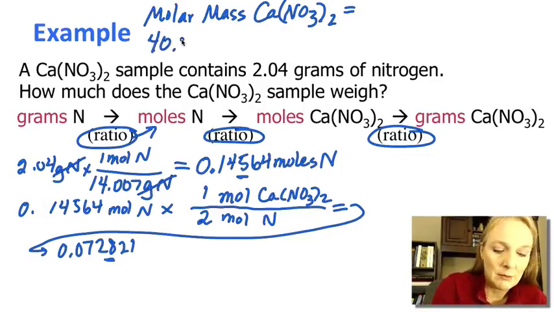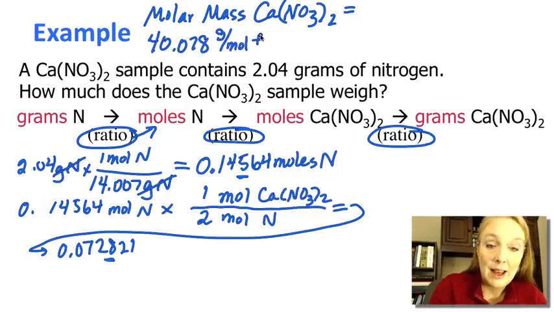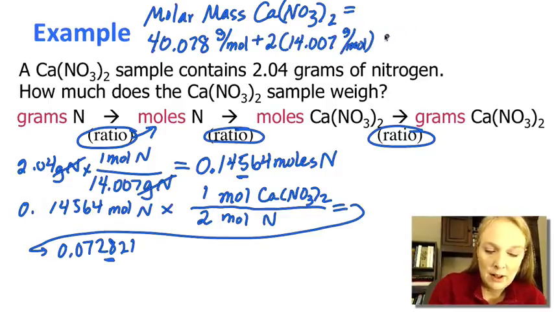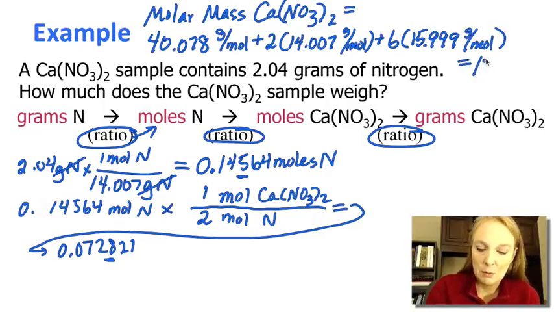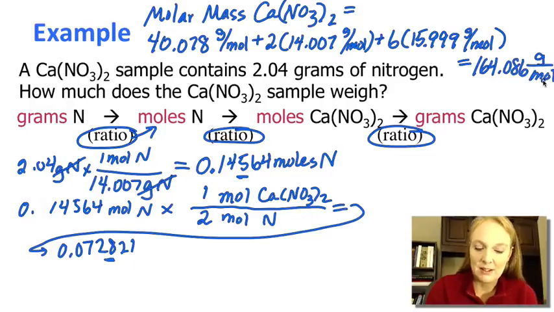So there's my calcium, 40.078 grams per mole. Plus I have 2 nitrogens, and those each weigh 14.007 grams per mole. And I have 6 oxygens, so 6 times the average molar mass of oxygen, which is 15.999 grams per mole. And all of that adds up to 164.086 grams per mole, which was on a previous slide. I'm just showing you where we got that number.